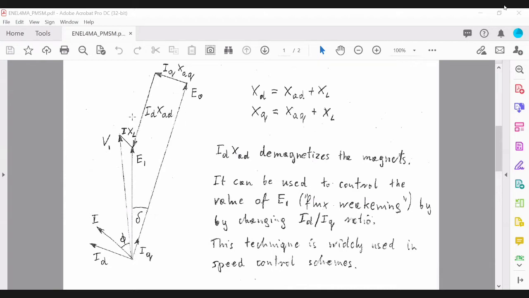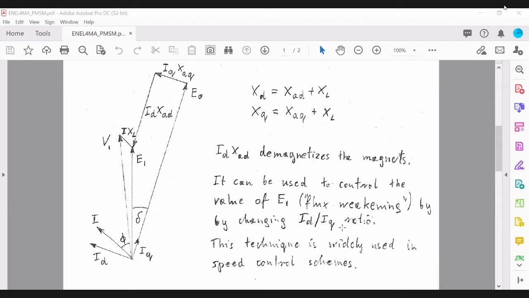Because it's acting in the opposite direction, obviously then the effect of that phasor, ID XAD, will demagnetize the magnets. Okay, so this is a form of the circuit which can be used to control the voltage, basically E1, or the terminal voltage, by changing the ratio of ID over IQ, right?